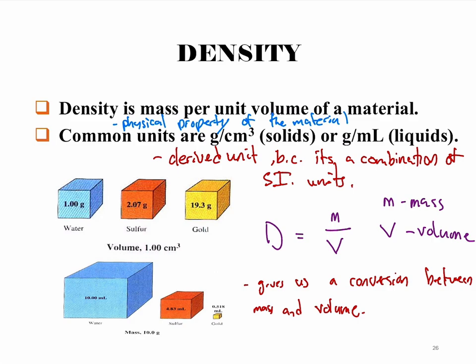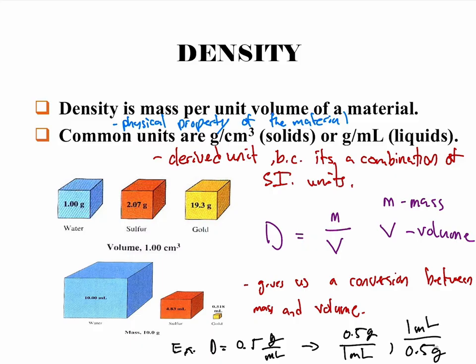What I mean by that is, for example, if we have a density equal to 0.5 grams per milliliter, then that's two conversion factors: 0.5 grams of whatever the substance is per 1 milliliter, and also 1 milliliter per 0.5 grams of that substance. So we can use the density as a conversion between things. If we weigh an unknown volume, but we know the density of it, we can use that to calculate whatever the mass of the material is, or the volume of the material is.